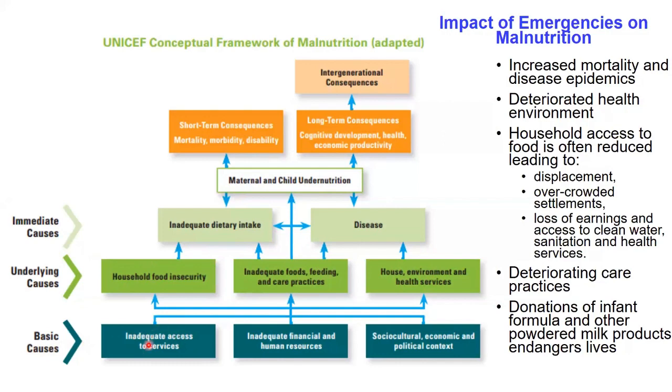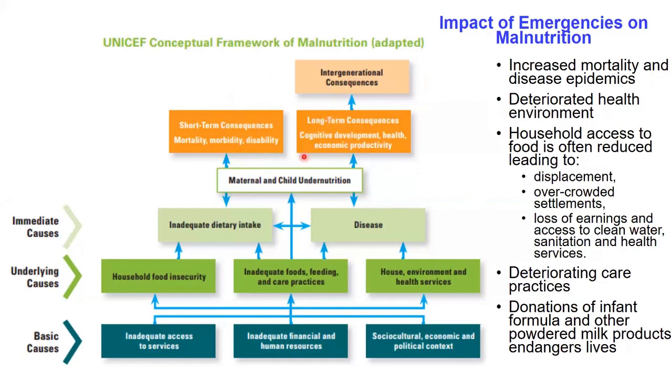This is about accessing services, financial or human resource issues, social cultural issues, economic and political context. These pose dramatic problems at a population level or community level. And when there are, of course, emergencies, these worsen in terms of contribution. And as I've already said, in the life cycle you have both short-term and long-term consequences, and you end up having a vicious cycle of this impacting on each generation.